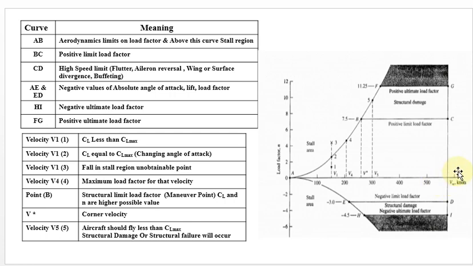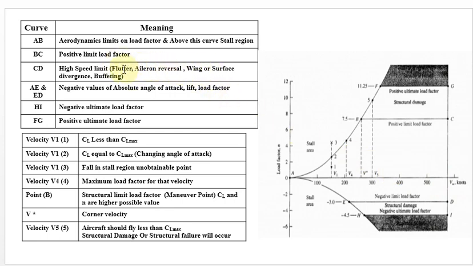If you keep on increasing the velocity, structural damage will happen. Each and every aircraft has a separate VN diagram, for the individual aircraft, not a common one. So we have to consider the velocity value based on the individual aircraft's performance. Once the velocity increases beyond this point, some other phenomena will happen.